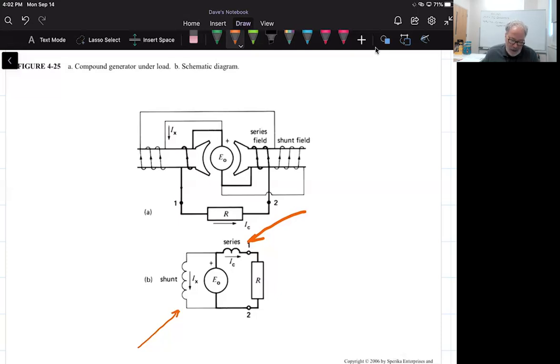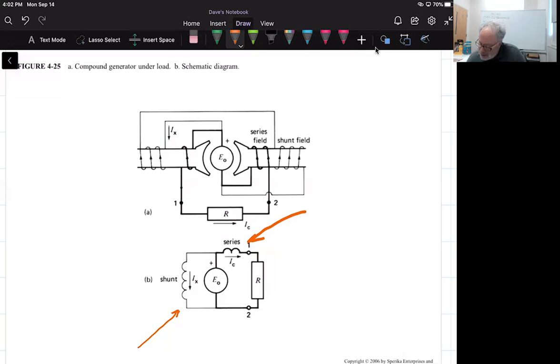These series coils are composed of a few turns of some very heavy wire that can carry all of the armature current. So it's a larger gauge wire.